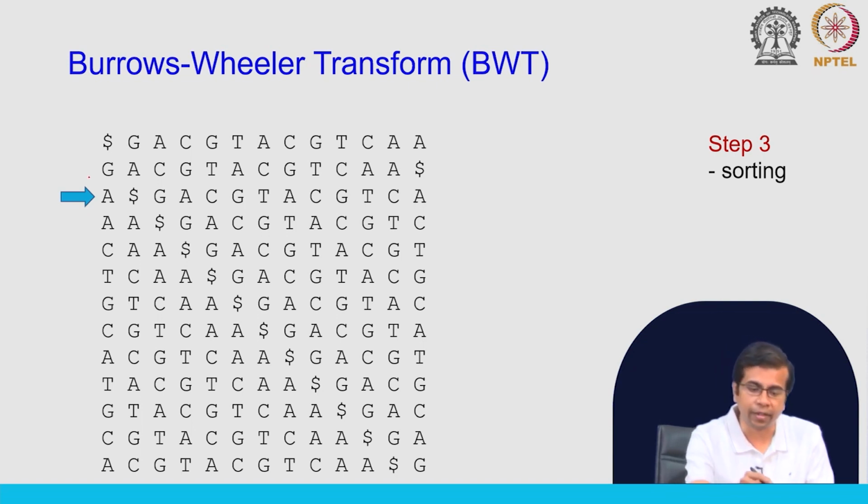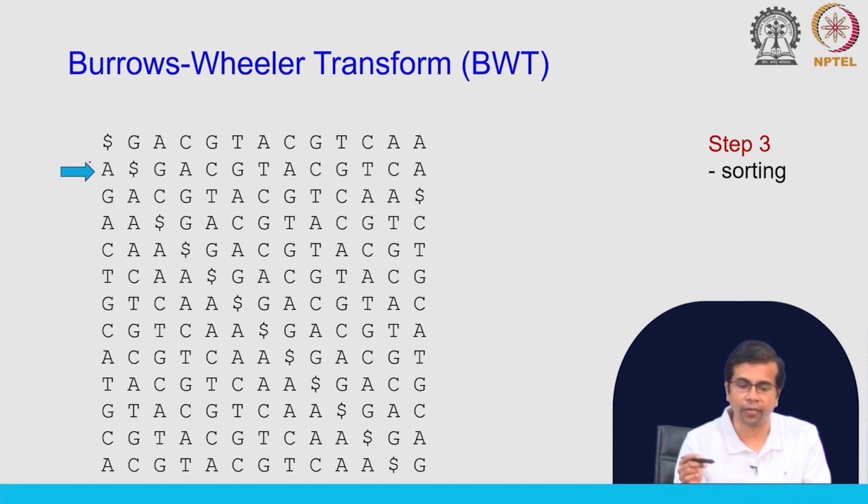So, we will take this here and this will form the second string. This is the first, this is the second. This is the sorted part. First two are now sorted. Now, we have to sort the rest of the matrix. For the third position, what do we have?